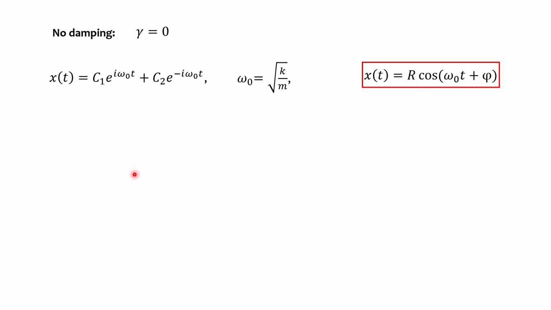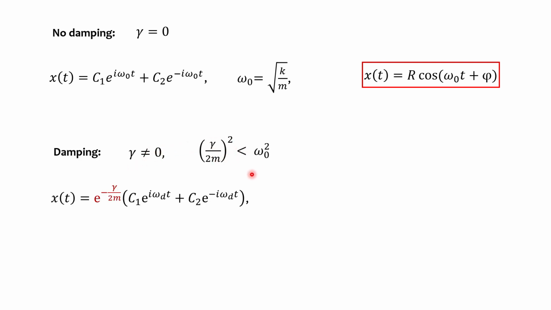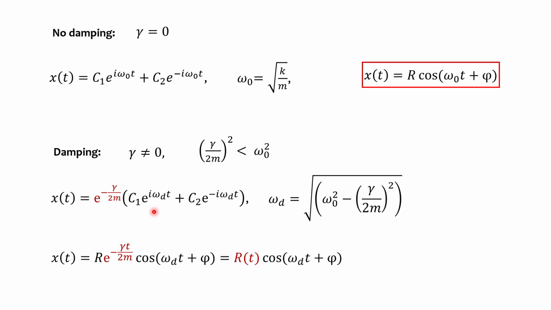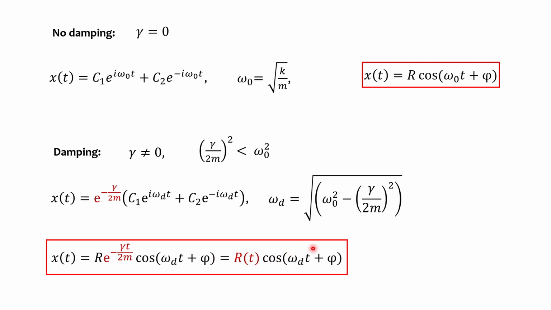Now, when we switch on the damping, that is when gamma is not equal to 0 and this inequality is satisfied, the solution can again be written as a sum of two complex exponentials, but with additional prefactor here. Once more, we can argue that only the real part of this expression has physical meaning, representing the displacement from equilibrium. Its real part can be written with a cosine function.